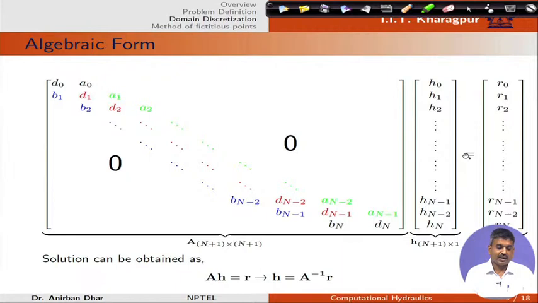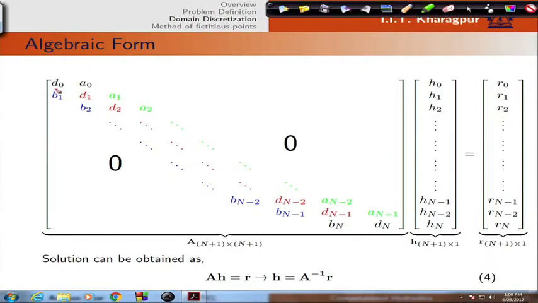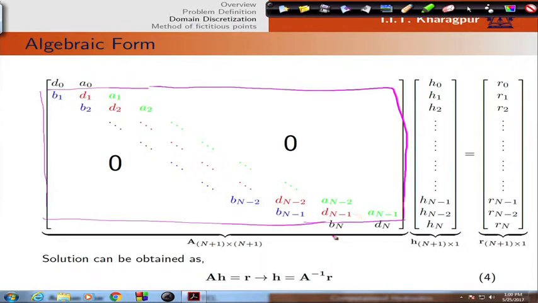So, if you see the algebraic form, then it is obvious that this portion is for interior points, and the last two points are actually boundary points on the right hand side, which is an impermeable boundary.